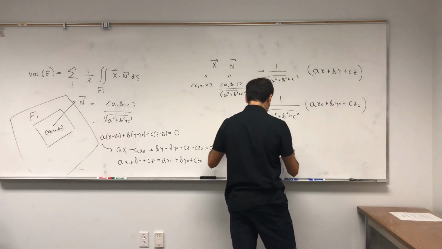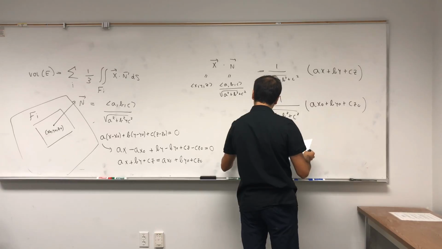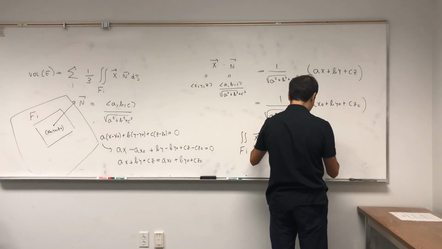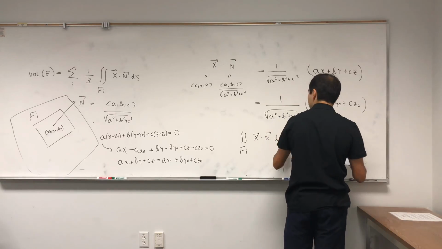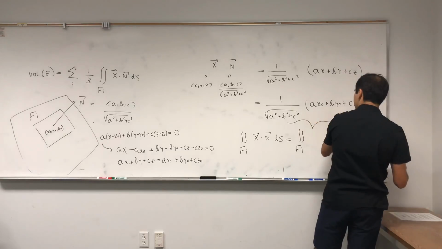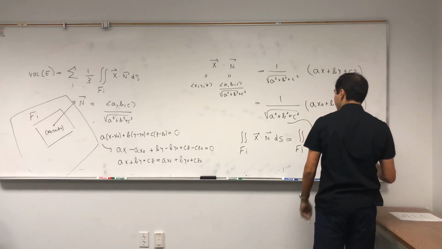So then the double integral of Fi, x dotted with n ds, becomes the double integral of this constant over ds.